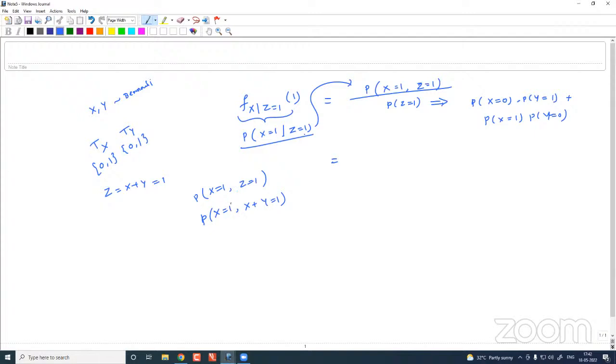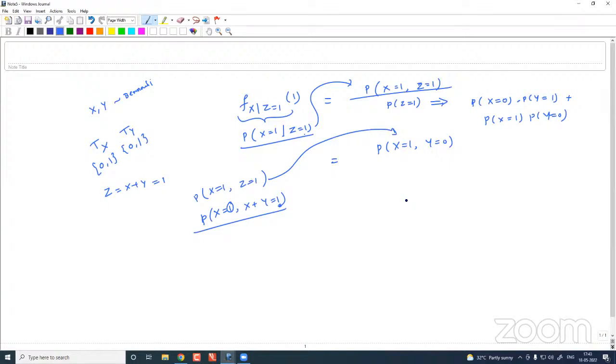When x takes value 1, then what value should y take so that the sum becomes 1? 0, right? So can I write like this? This thing is the same as that, right?